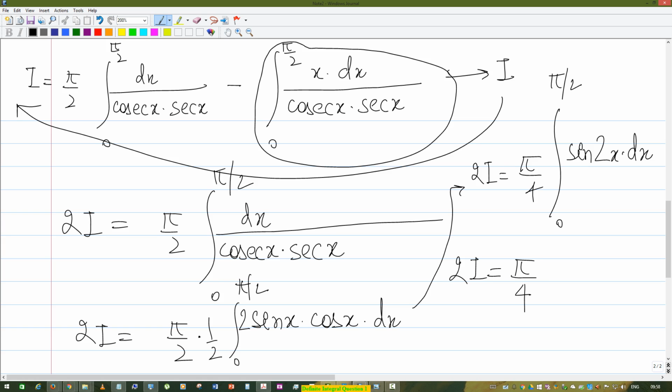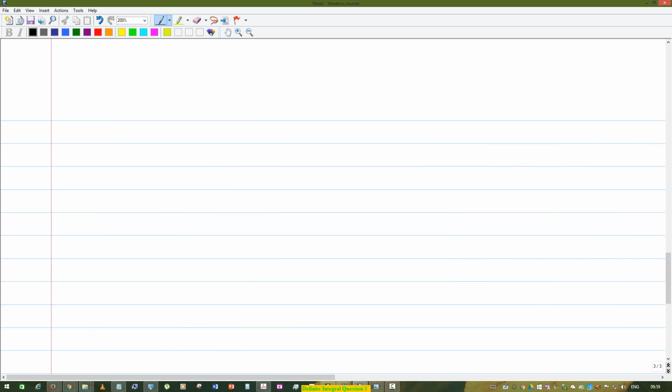And we know the integral of sine 2x, that is cos 2x upon minus 2, wherein the lower limit is 0, the upper limit is pi over 2. So 2I is equal to pi by 4 cos 2x.